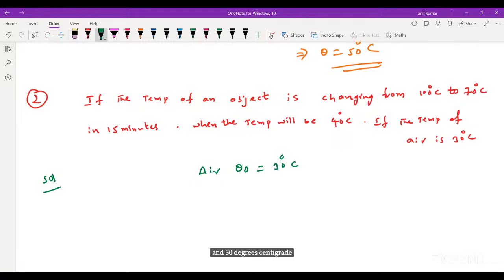Very good. Before we solve the problem, let's have the readings. It is very important to prepare the table.